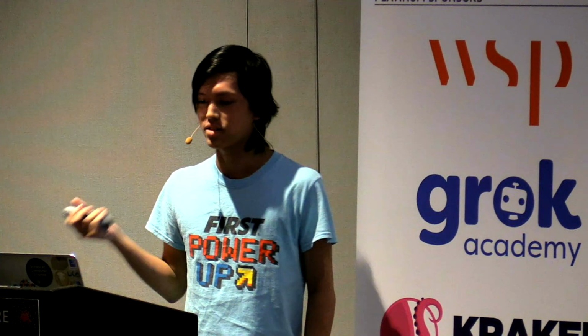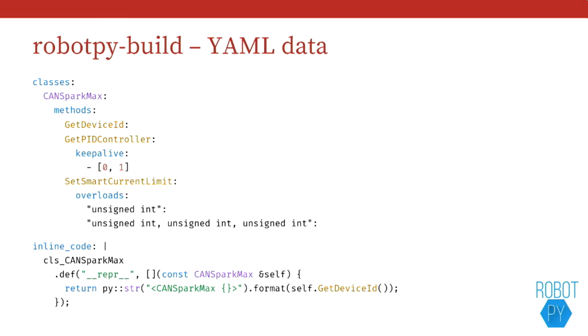Specifically here, we're adding a dunder repr method just so that our users, which are high school students, can more easily debug their robot code, right? They don't care about the memory address, which is what the default repr is.